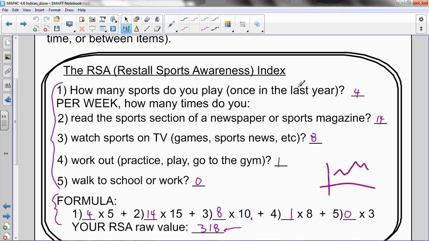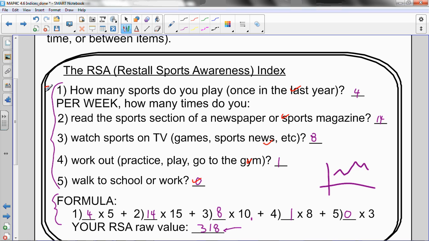Now, if we think back to yesterday, or last day, we did this Restall Sports Awareness Index, and it was a bit silly, but there were 1, 2, 3, 4, 5 questions, and these would be all questions that you'd ask your classmates, and then we did a calculation.